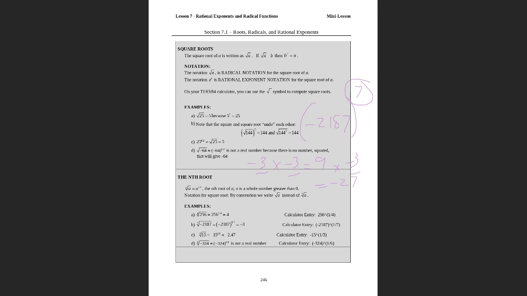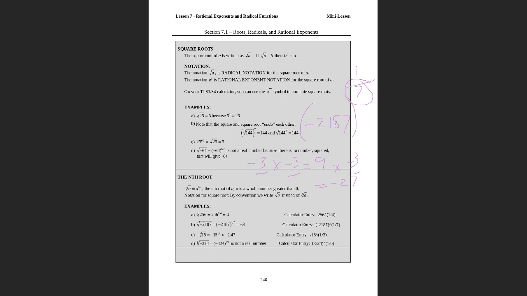So just because you saw a negative does not mean that it's not going to be a real number. When it's a negative, it's not going to be a real number if the root is an even number root, not the exponent, the even number root. Like this guy here, we have that 1/7.